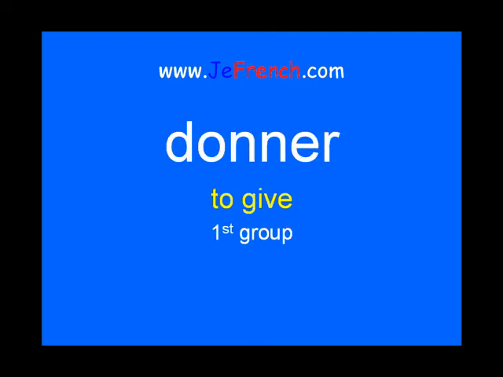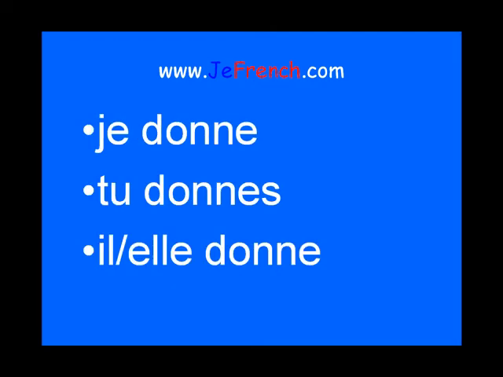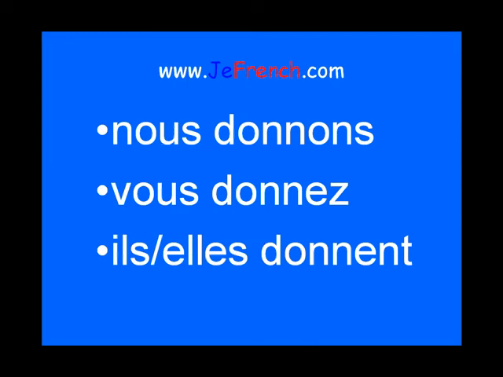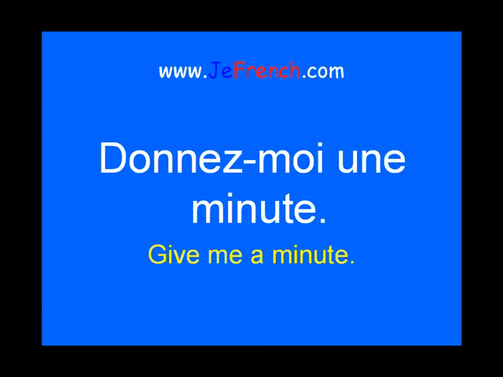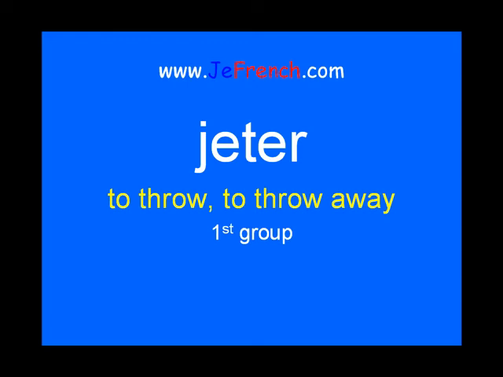Donner, to give, first group. Present tense. Je donne, tu donnes, il donne. Nous donnons, vous donnez, il donne. Imperative, donne, donnons, donnez. Donnez-moi une minute. Give me a minute. Jeter, to throw away.